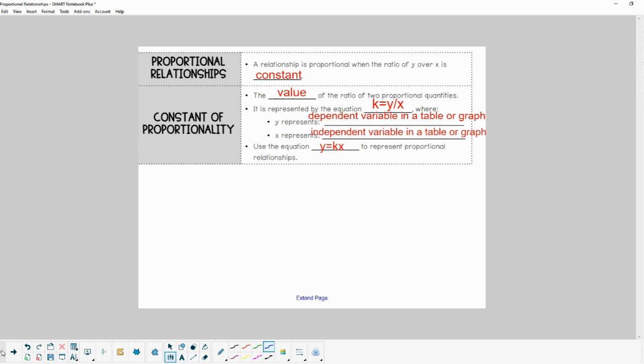So you can find or calculate k using this idea, and then write it in the equation y equals kx. And that k is the same thing that we've been using all along, which we called slope, but it's found in a little different way this time.